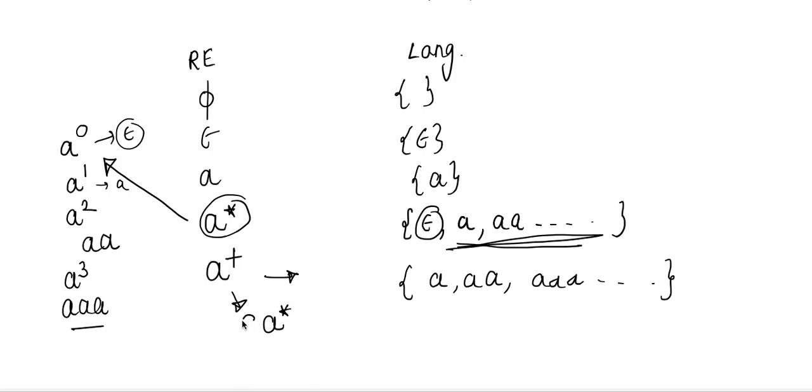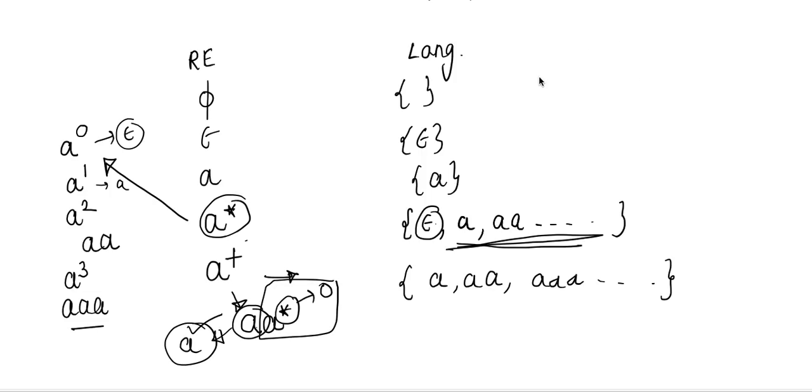If I concatenate it with a, it means when we put 0 here, this whole part will vanish, but this a is still present. It will concatenate with this, and a with epsilon becomes itself a. So the minimum string here is small a. So it is not including epsilon. So this is called a plus.